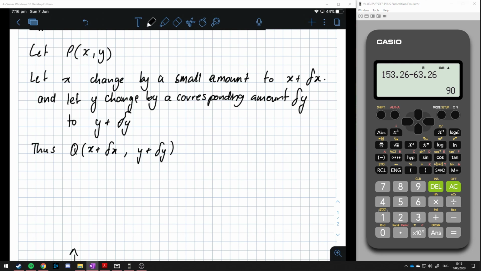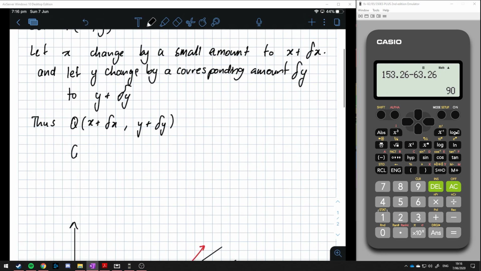So x plus delta x and y plus delta y. So the gradient, our rise over run, becomes, let's use Q first, it should be y2. So it's the difference in the y's over the difference in the x's, okay?